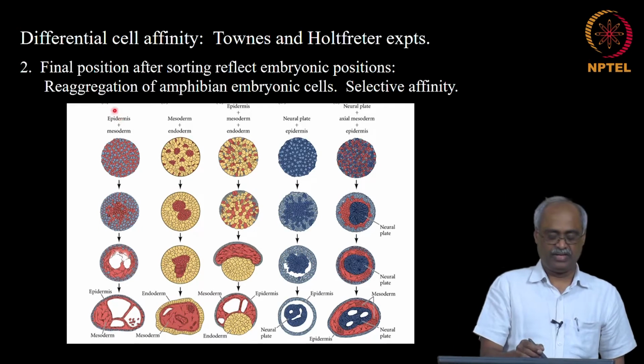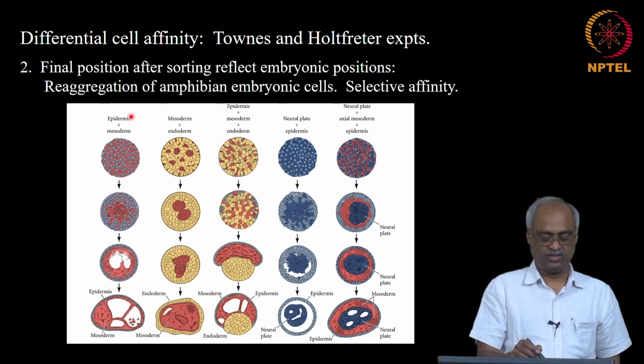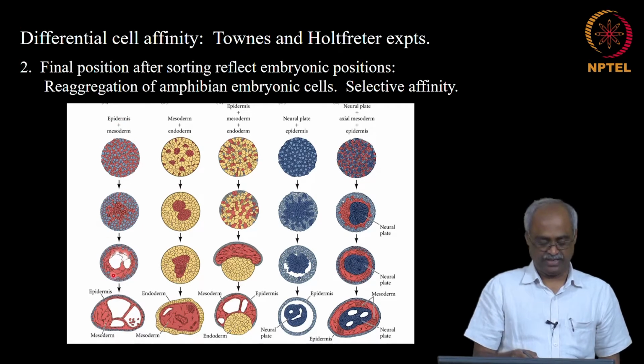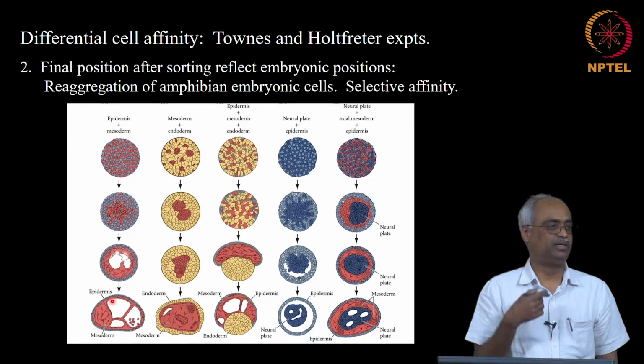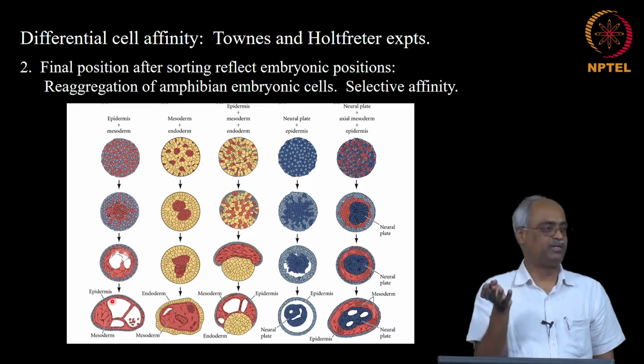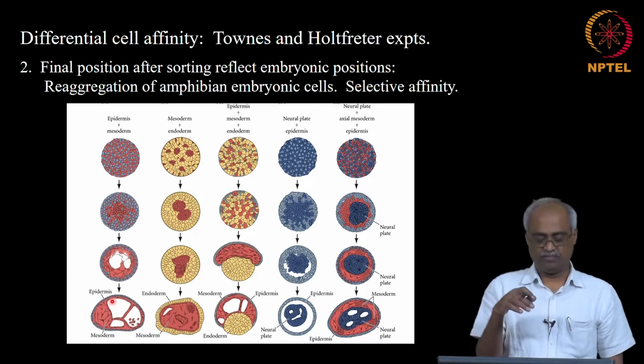For example, when you take epidermal cells, the blue colored ones, and mesoderm, the red colored ones, and mix them and wait for some time, then they migrate, and epidermis is outside, mesoderm is inside. That is how it is in an embryo too, the ectoderm will be outside, mesoderm inside.